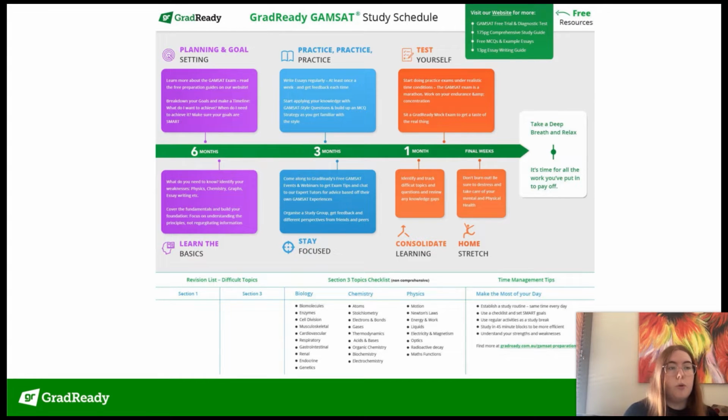So our free trial also includes a complete breakdown of this syllabus, 53 free MCQs, as well as a wealth of other preparation materials to help you kickstart your GAMSAT preparation. The week-by-week study guide is really useful, as I personally find that it helps to break down studying into smaller chunks so that it's less overwhelming, especially for an exam like GAMSAT where there's so much content.